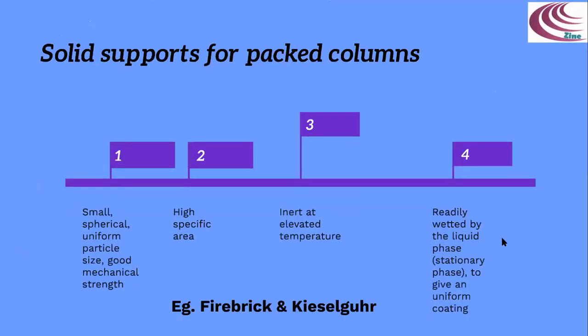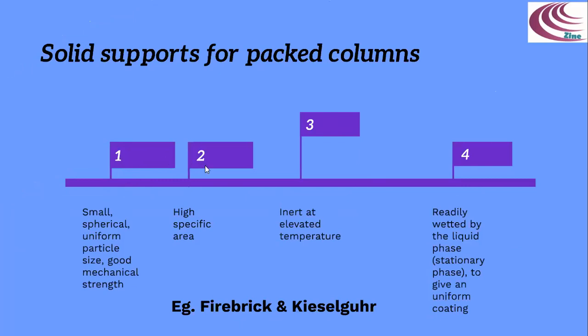Then solid supports for packed columns. The ideal solid support used in the packed column should satisfy certain conditions. The first point, it should have a small, spherical and uniform particle size with good mechanical strength.